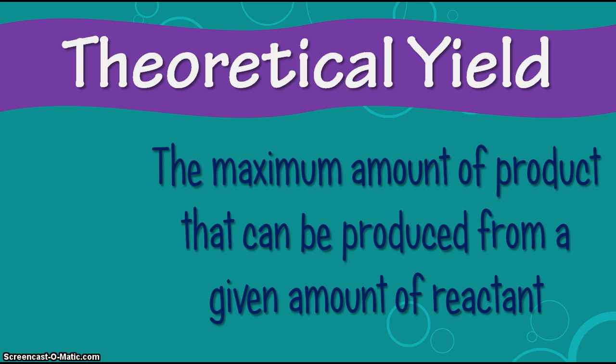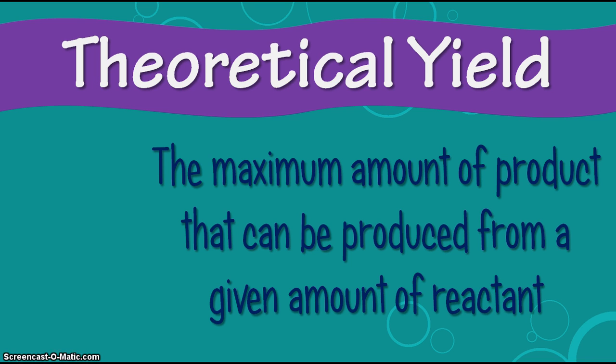And note the term maximum. Obviously, this calculation would be if all conditions were perfect in the lab. This number would be the most you could obtain. When you calculate the amount of product from the reactant given, that's really all you can get.